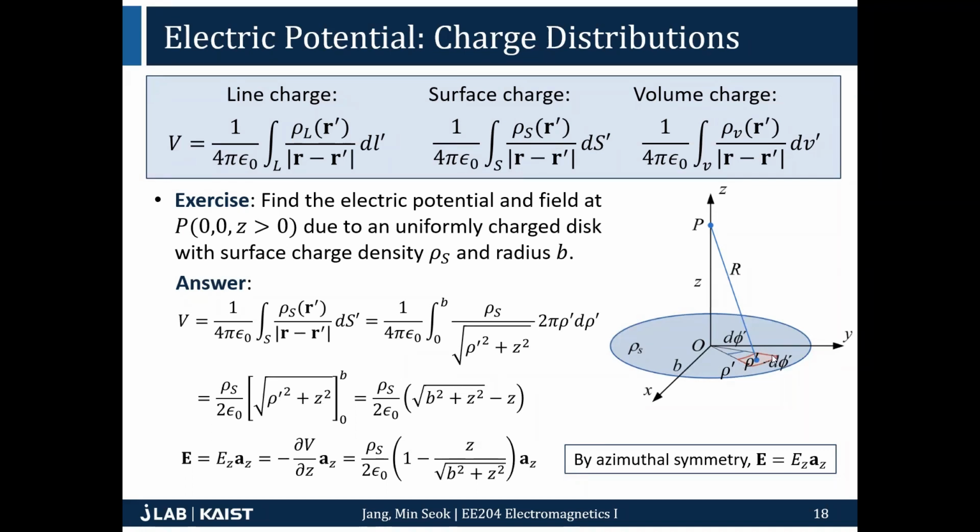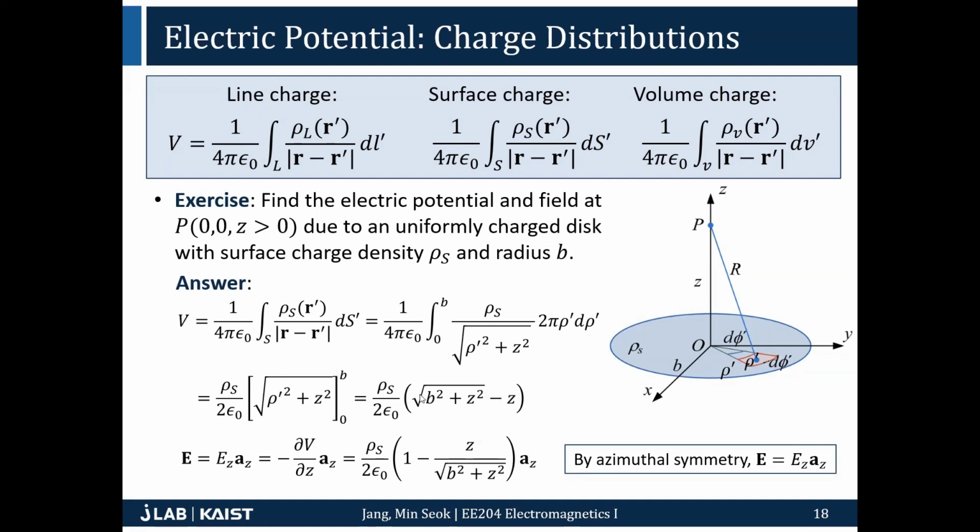That's the source position, and the distance between the point of interest and the source position is the square root of z squared plus rho prime squared. Once you do that, because you can integrate over phi without any problem, you get 2 pi. And then you can perform the integration along rho prime, and if you do that integration, you get this answer.